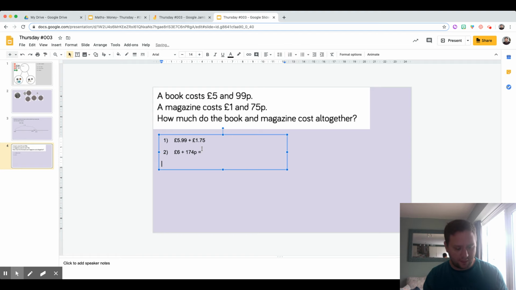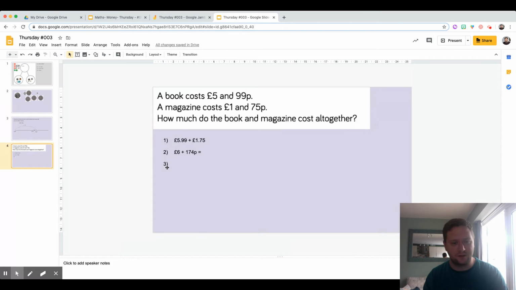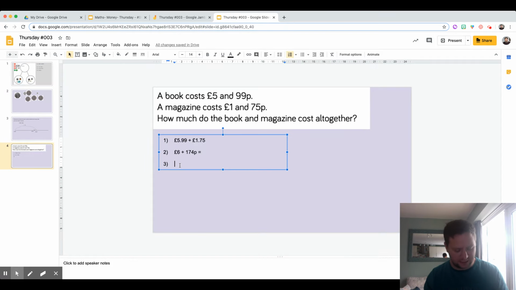So step 3, going back to here, is convert pence into pounds. So I'll leave the £6 as it is. Then at 174, I'm going to convert into pounds and pence. 100 is £1. So now it's going to be £1, decimal point, 74 pence.